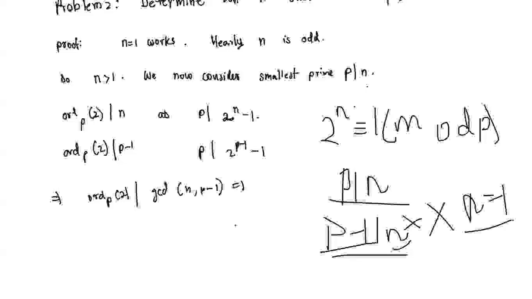You know p divides n. How do you know p minus 1 divides n? Because this happens, and also we know that 2 to the p minus 1 is congruent to 1, but p minus 1 is not the order.